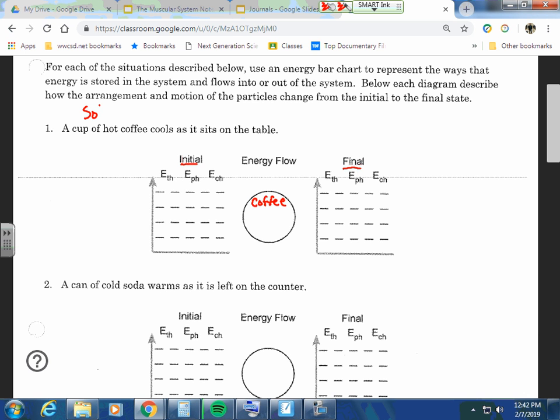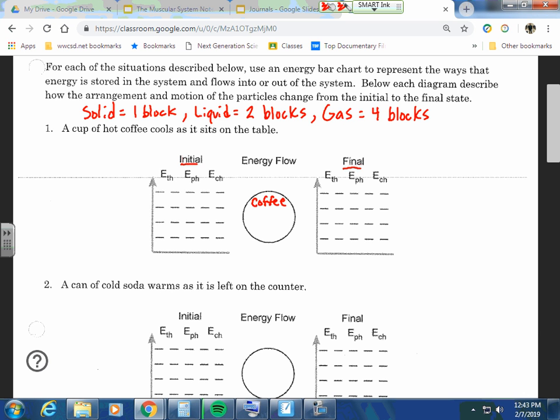solid, and this is always going to be true when we do these, solid is going to be one block. Okay? If we do a liquid, it is going to be two blocks. And if we do a gas, we're going to jump up to 4 blocks. Okay?